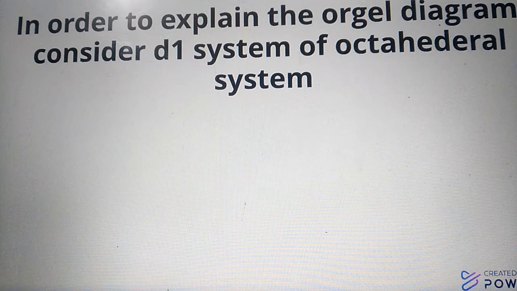In order to explain the Orgel diagram, consider a d1 system of an octahedral system. Any metal ion which has one electron in its valence d subshell. Octahedral system means in which the transition metal is attached to 6 ligands.